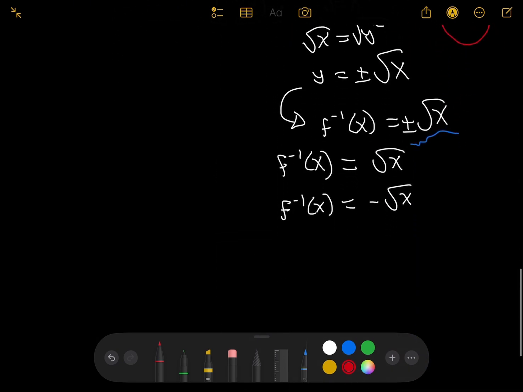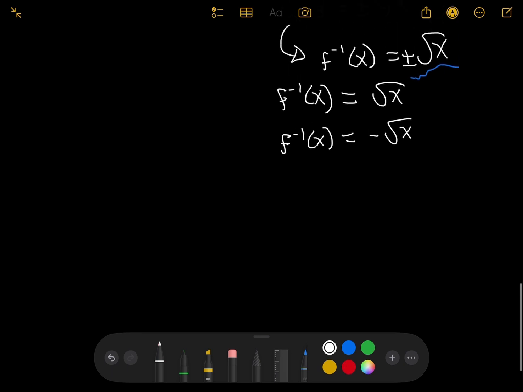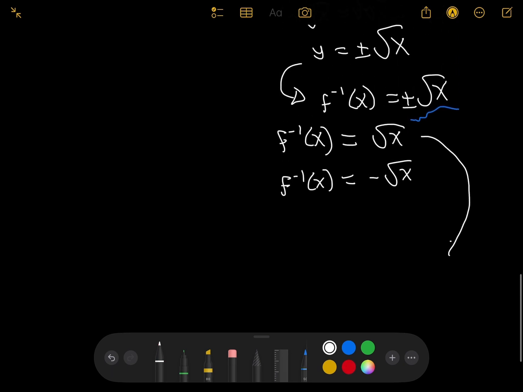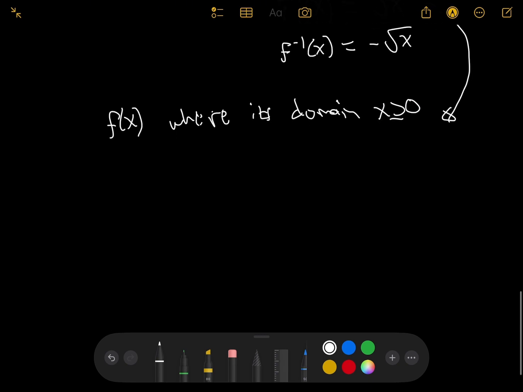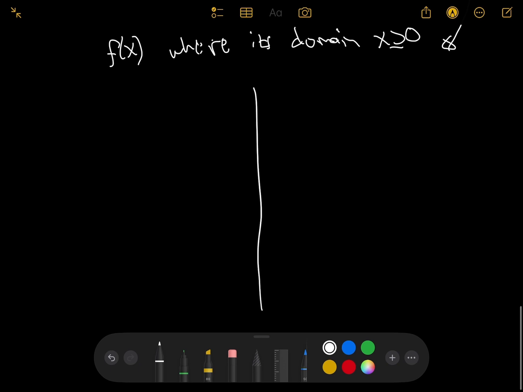Okay, but let me sketch using this right here. This is when we've chosen f of x where its domain is x greater than or equal to 0, right? So what does that mean?